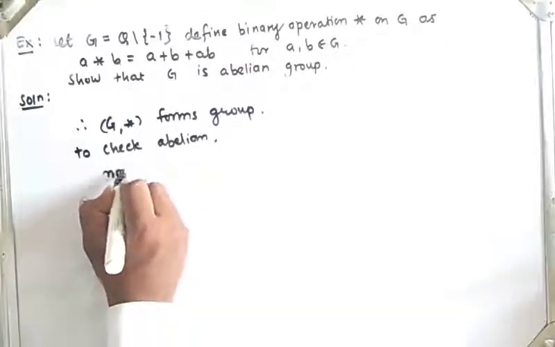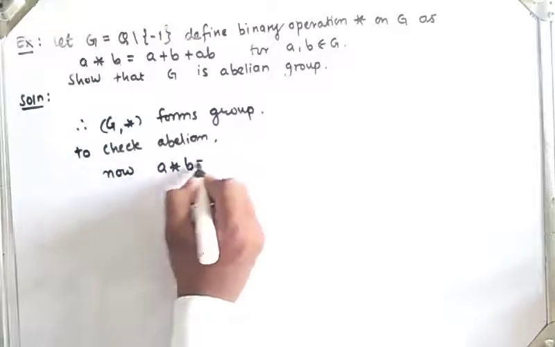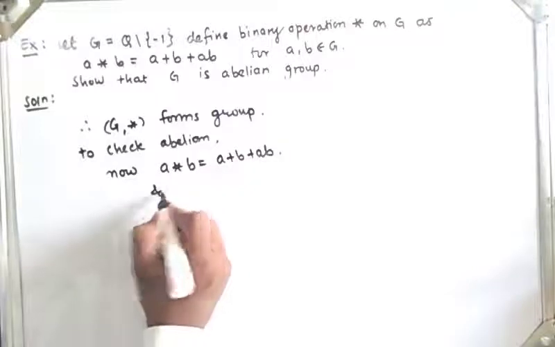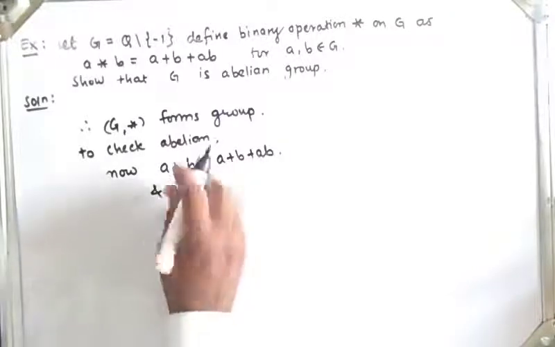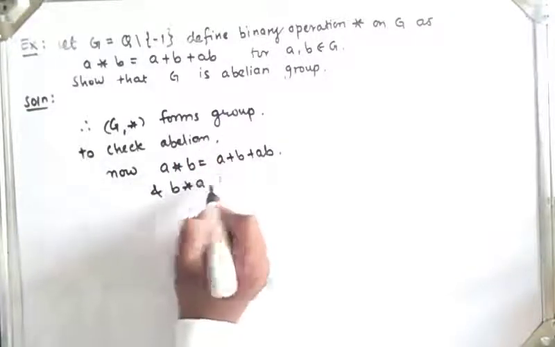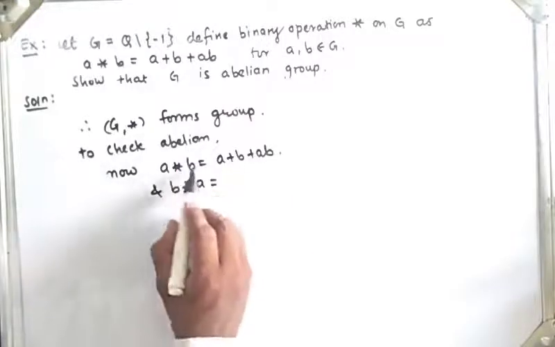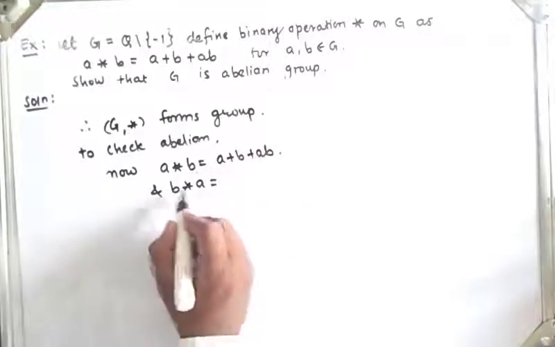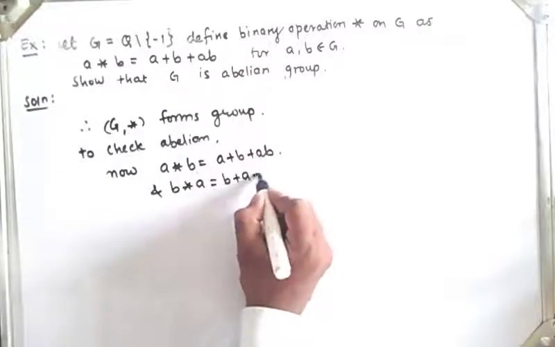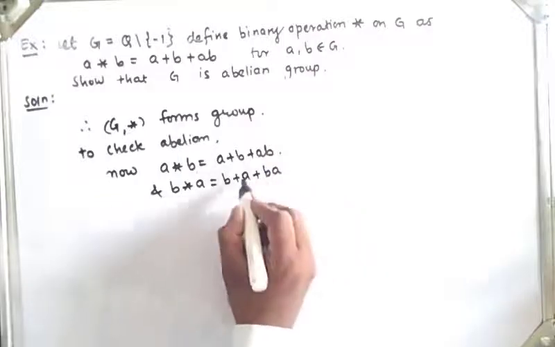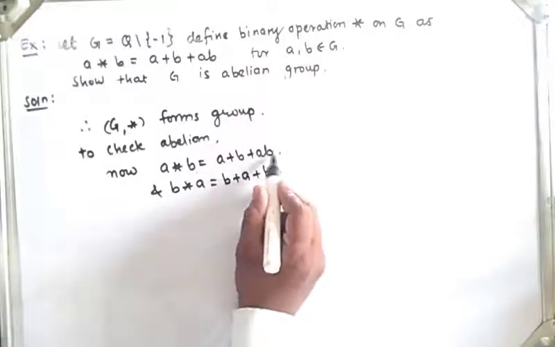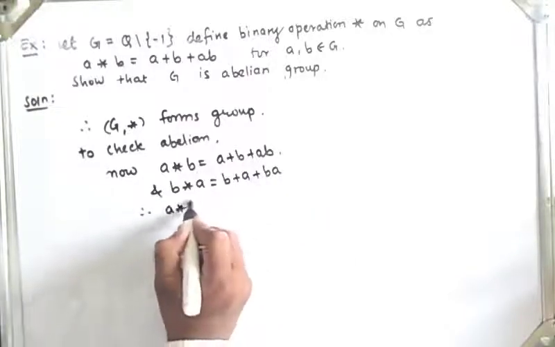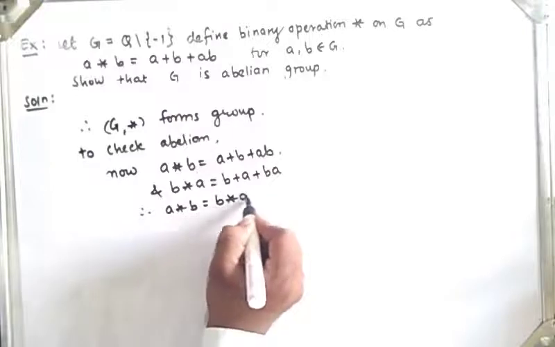Therefore now A star B has value A plus B plus A into B, and B star A is, A star B is the addition of these two numbers plus the multiplication of these two numbers. So B star A is B plus A plus B into A, so both are the same: A plus B plus AB. Therefore A star B is the same as B star A, right?